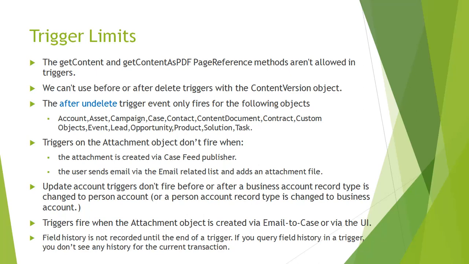The triggers on the Attachment object won't fire when it is created via case feed publisher, or when an email related list adds an attachment file. These are the considerations; you can see more data about the considerations and limitations in the references.